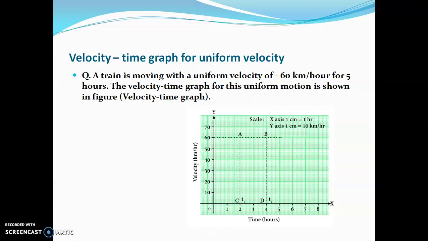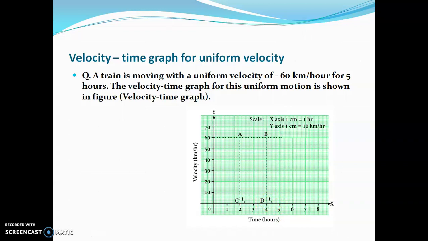Okay, so what you can see from the graph, the time is along the x-axis, the velocity is along the y-axis. The train is moving with a uniform speed. So you can see here at 60, it is plotted with a uniform speed. And then here at A and B, and at point C, the time is shown as T1, which is 2 hours, and at D, the time is shown as T2, which is 4 hours.